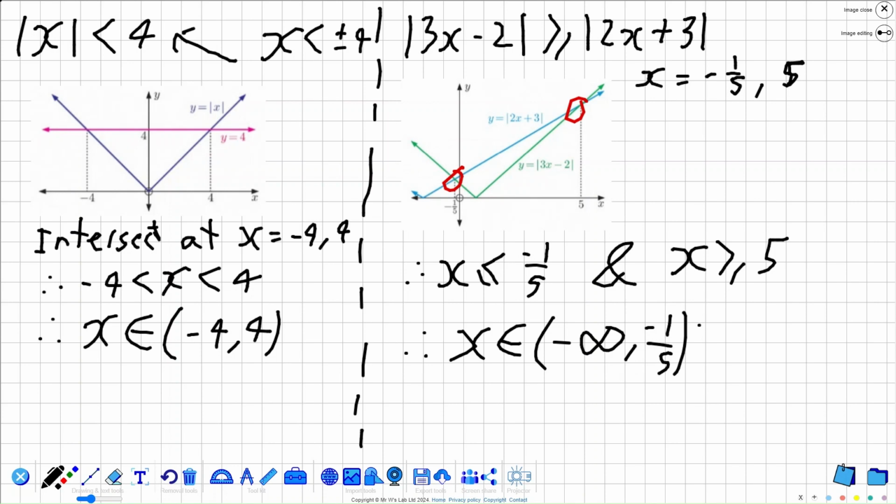Then we'll do the union symbol. And actually we'll make this one more of a straight bracket there, same with this one. And then this one will be 5, and then positive infinity, because this continues up that way for infinity distance. Then we can close that bracket, and that one's completed.